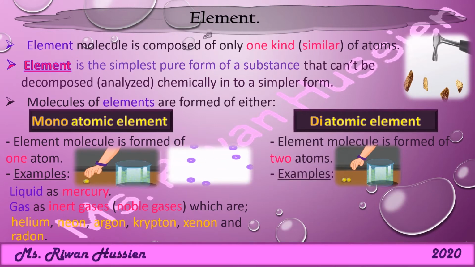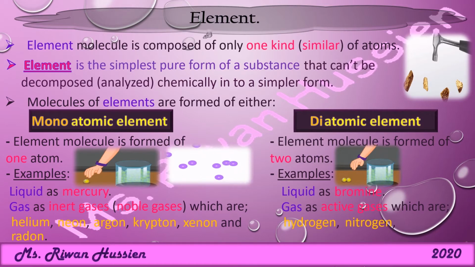Examples of diatomic element molecules, as we said before, that there are 3 states of matter. So we have liquid diatomic element as bromine, gas diatomic elements as a group of active gases, which include hydrogen, nitrogen, oxygen, chlorine, and fluorine.